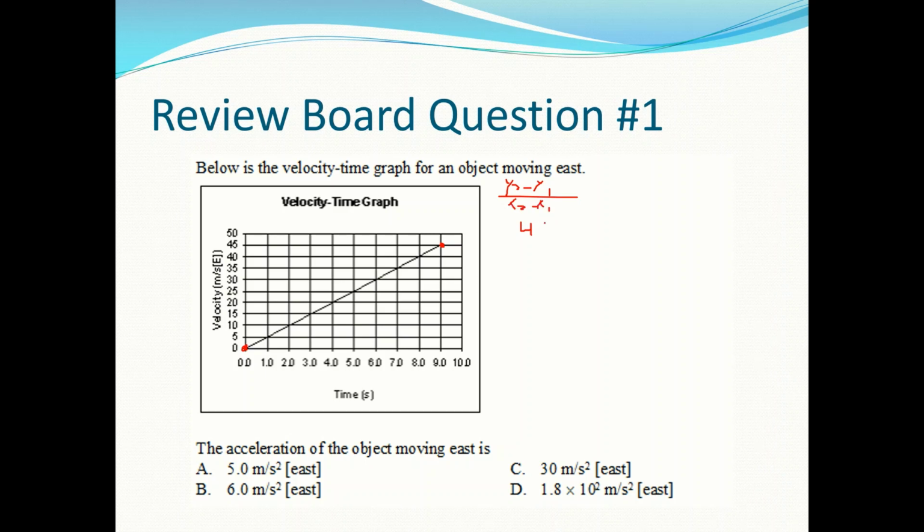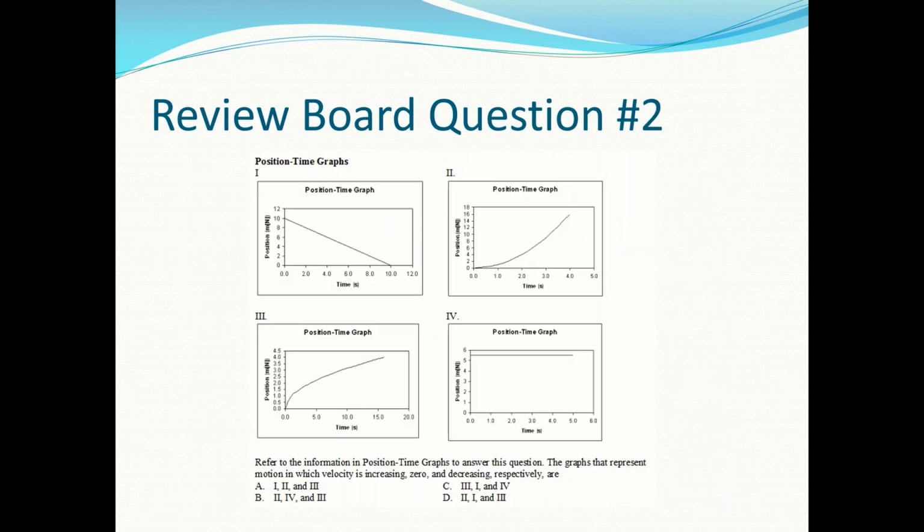So it'd be 45 meters per second minus 0 meters per second, all over 9 seconds minus 0 seconds. So 45 divided by 9 is going to be 5 meters per second east, because it says that this is east. So that would be quick and easy with that one.